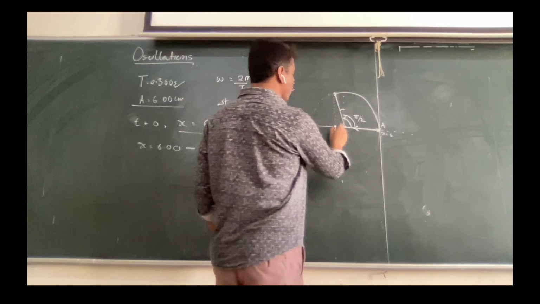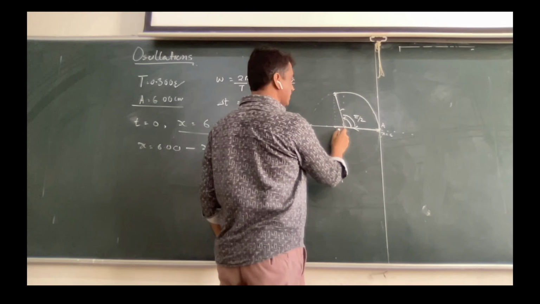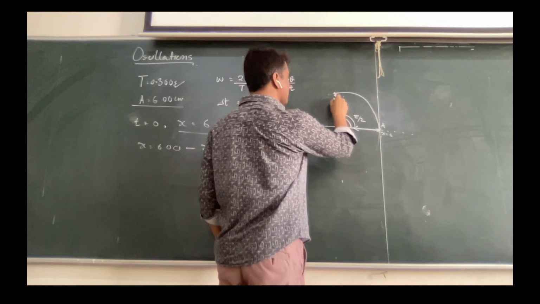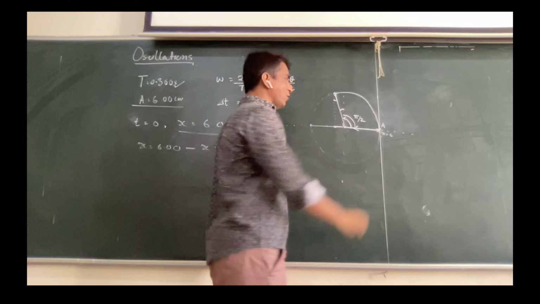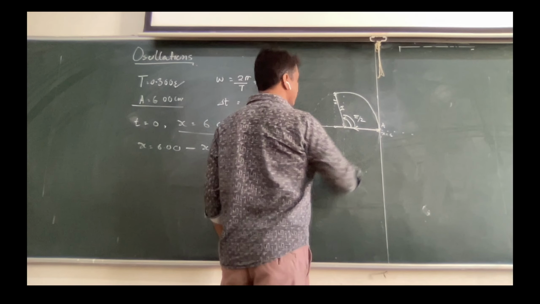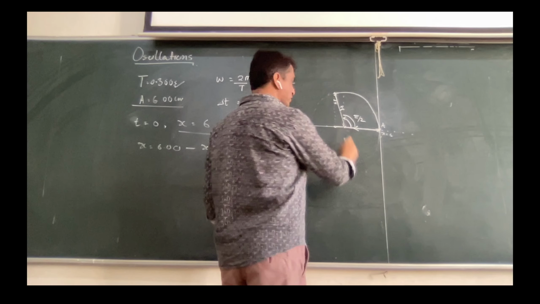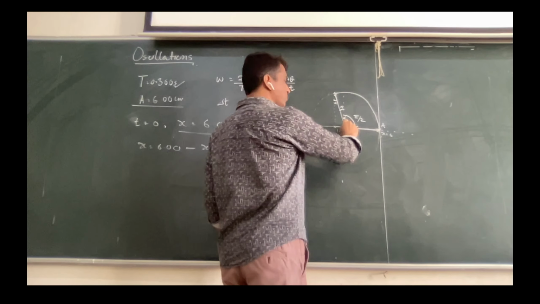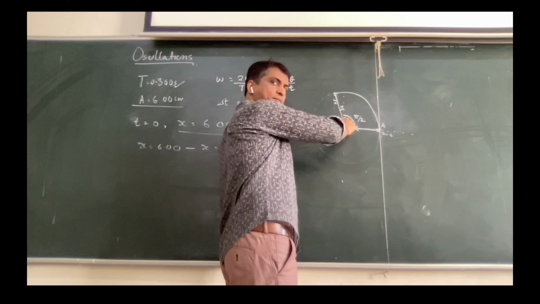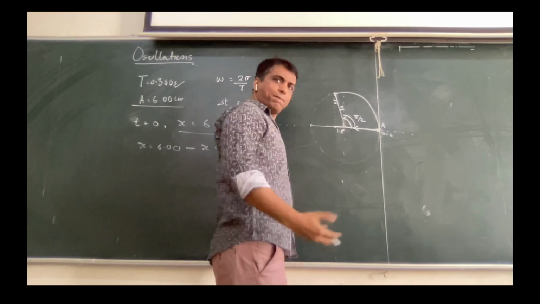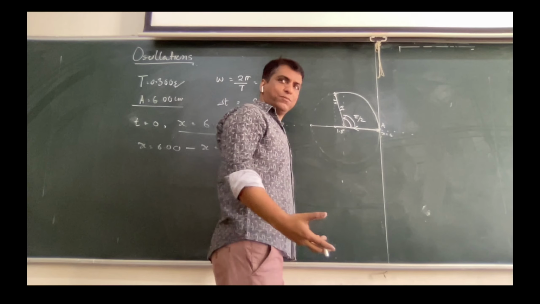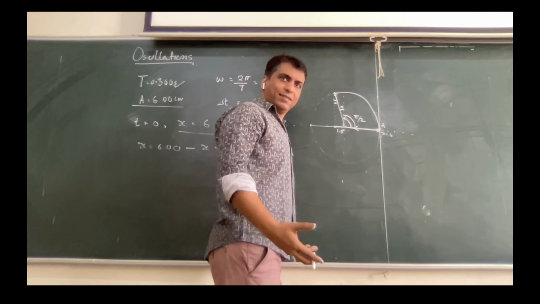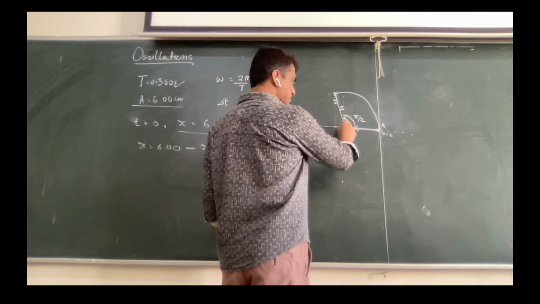See, this angle is the same as this angle. Call it alpha. Now this I know, this is 1.5. And this is how much? Radius, which is 6, right? This is 0.